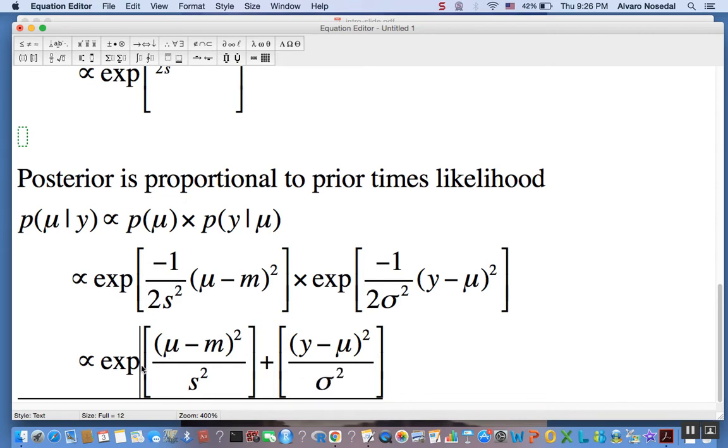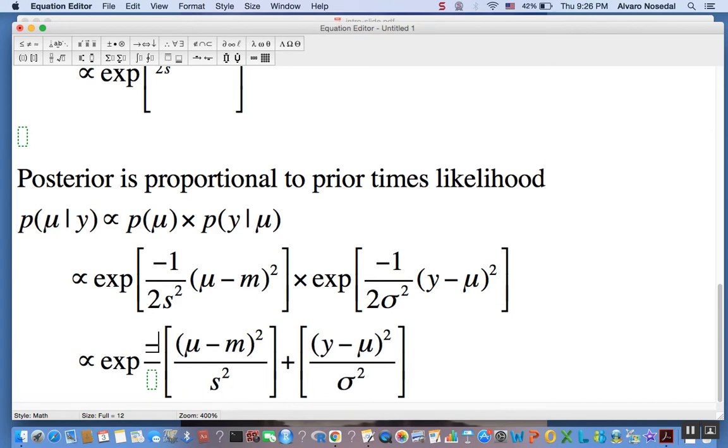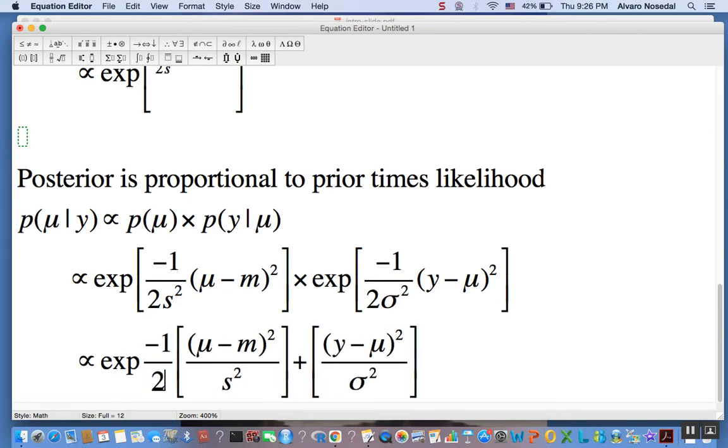And we said that we will have as a common factor negative 1 divided by 2. That is affecting both of them.